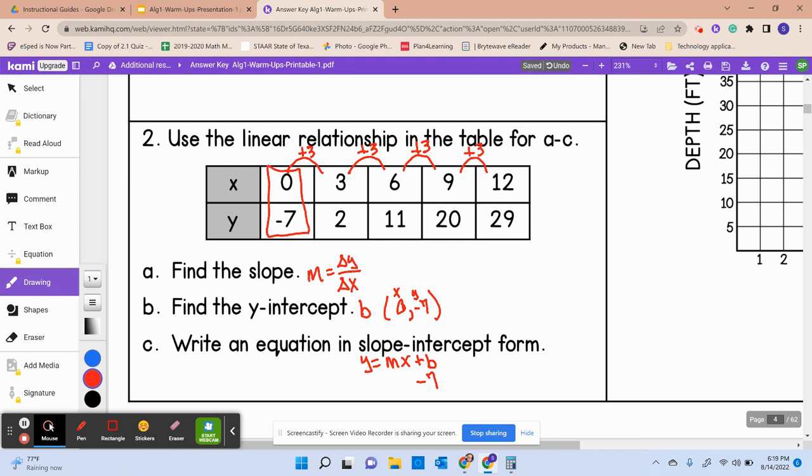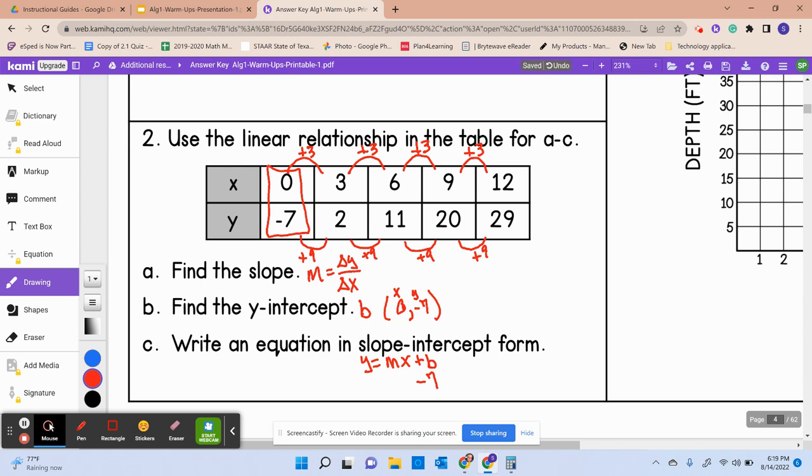Now we got to see how the y value changes. So negative 7 to 2, well, negative 7 to 0 is 7, and 2 more, that's plus 9. 2 plus 9 is 11. 11 plus 9 is 20, and 20 plus 9 is 29.